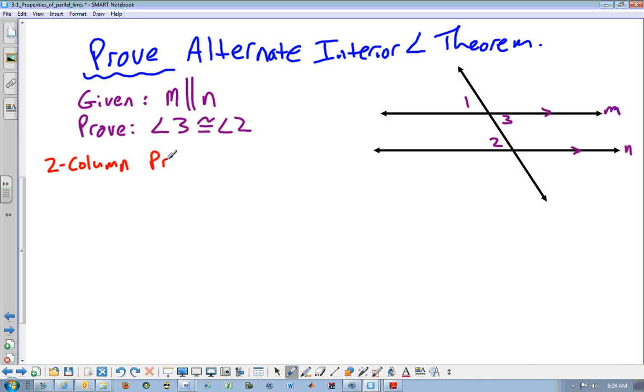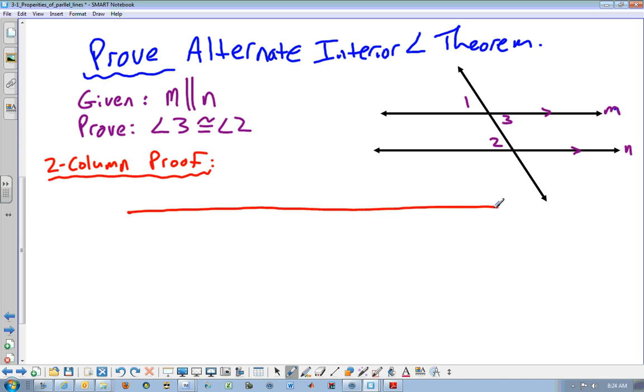Most of the proofs that we'll write out this year will probably use a 2-column proof. Paragraph proof is nice, but it takes a lot of writing. And so this just kind of simplifies it a little bit. It goes like this. We'll make 2 columns, imagine that.